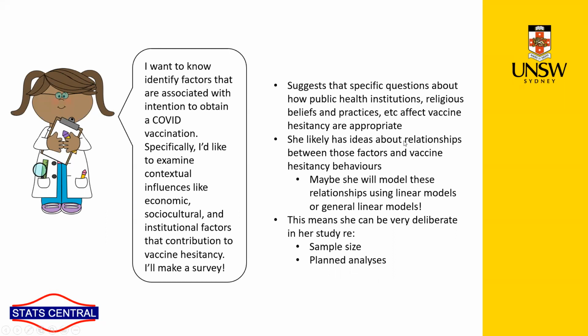And so she may be thinking that she would model these relationships using some sort of linear model in order to talk about those influences. That means she can be very deliberate in her study, not only in creating her survey, but also planning her sample size, how many people she would like to talk to, and the types of analyses that she's going to do at the end.